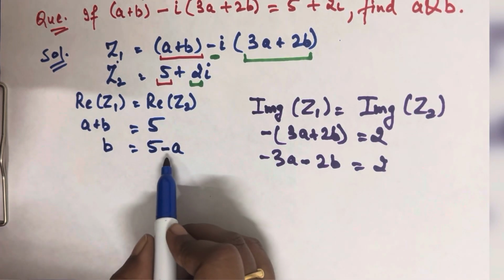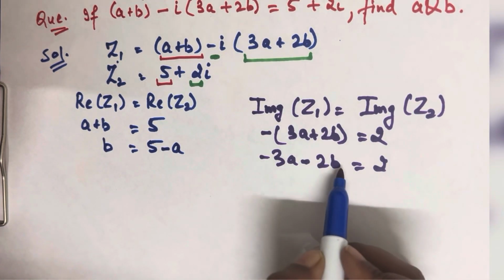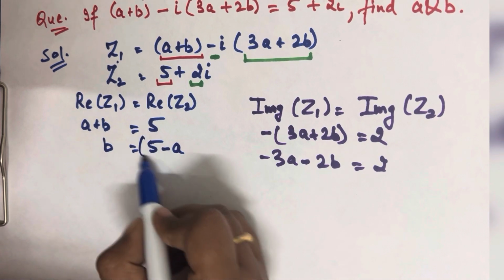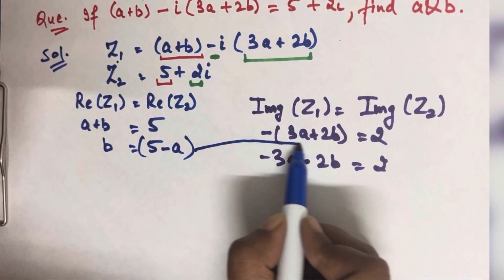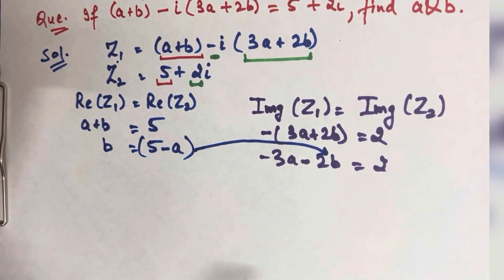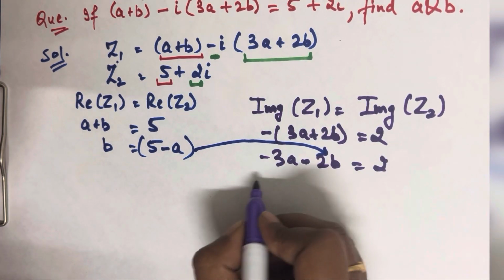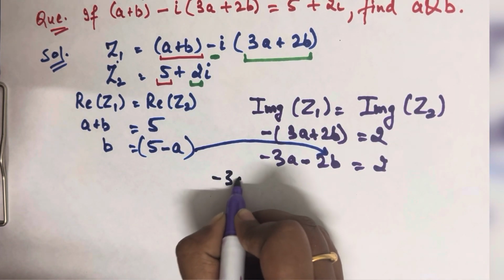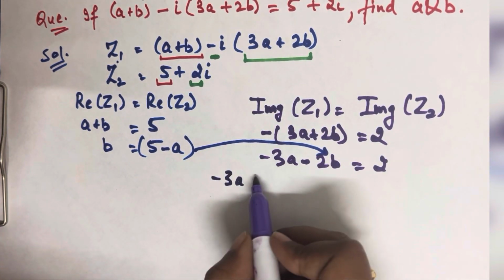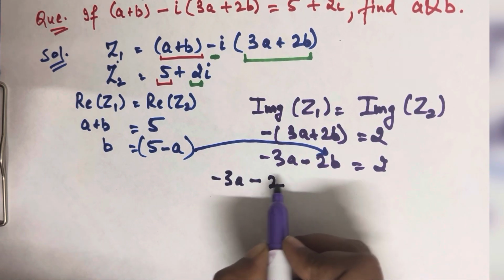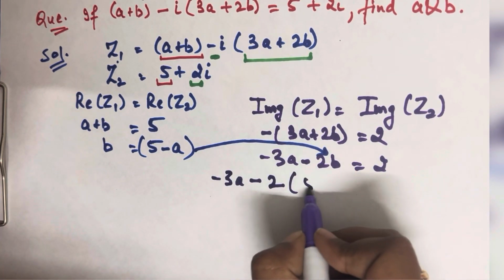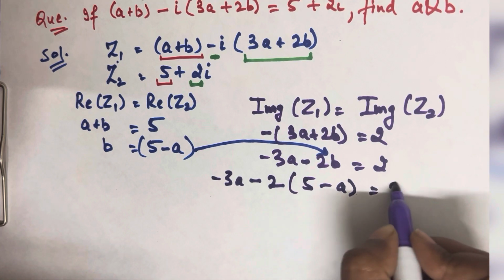Now we will substitute this value of b here. So what we get is minus 3a minus 2 into b, and b is 5 minus a, equals 2.